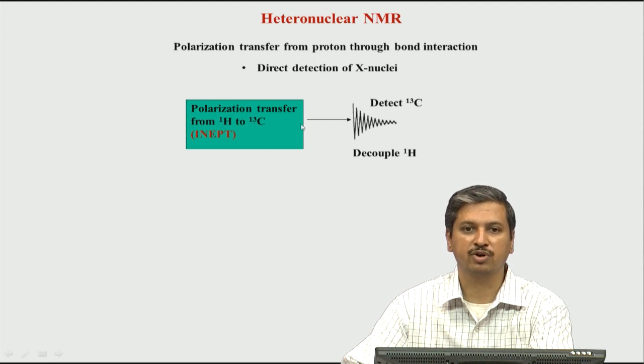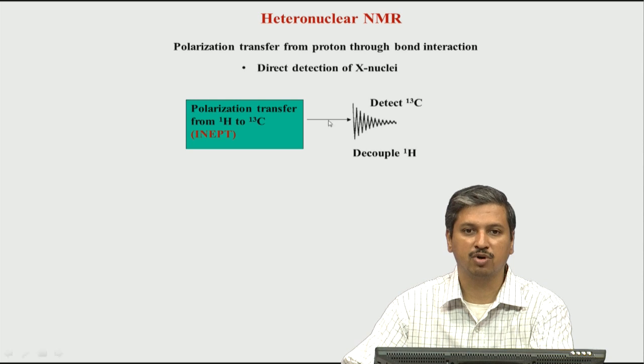So, when I excite the carbon, its signal will be 4 times stronger compared to not having this transfer. This is the advantage, your sensitivity has gone up by 4 times, which is a tremendous improvement compared to not having this transfer block or element. How this 4 times sensitivity improvement helps us, we will see later.